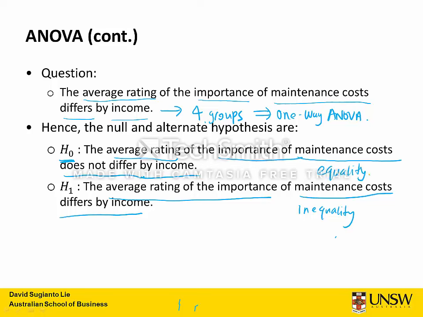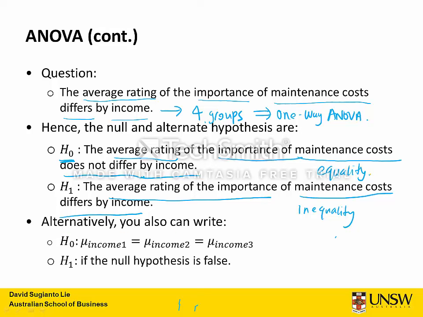We can also write it as mu of income 1 equals mu of income 2 equals mu of income 3 equals mu of income 4, since we have 4 groups.